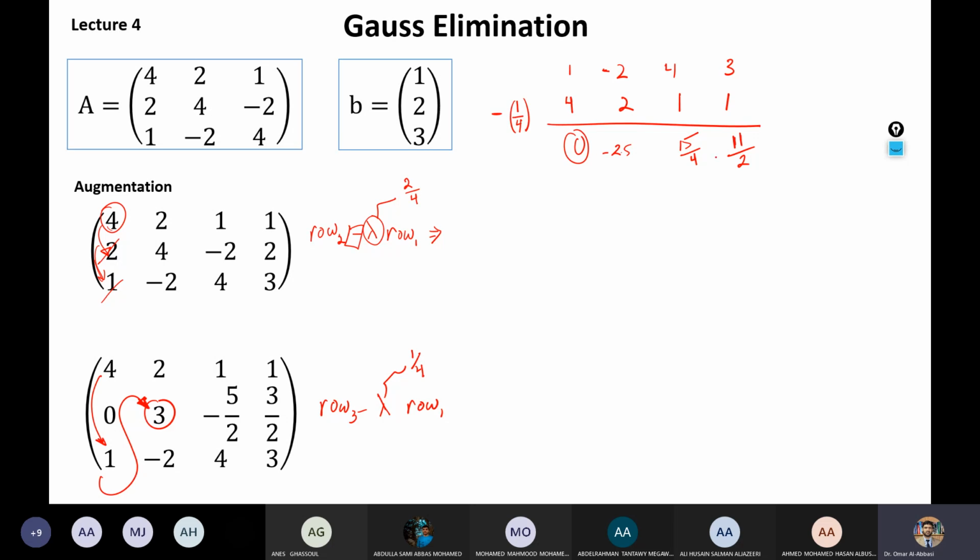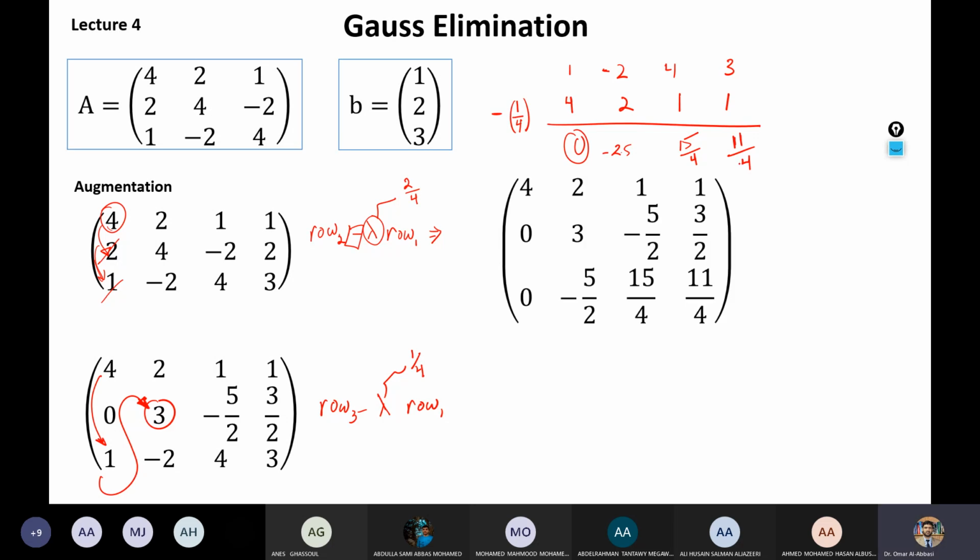Do you all agree on that? Yes, 11 over 4, Doctor, which is exactly what I wrote, right? Exactly, I made a mistake, sorry. Thank you, Ali. Anyway, that is the one: 5, 5, 2.5.